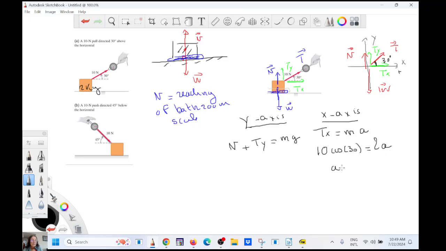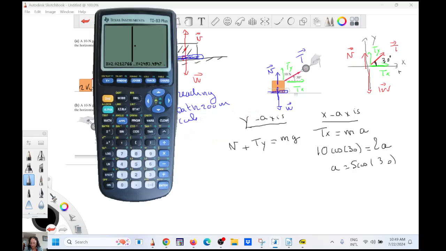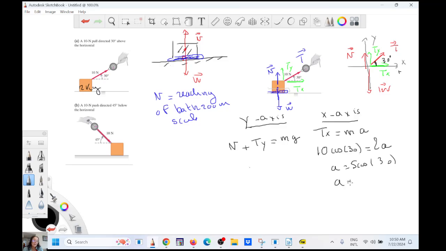So the acceleration will be 5 cosine 30, and cosine 30 times 5 is 4.3. I don't know if you want to pay attention to the significant figures.